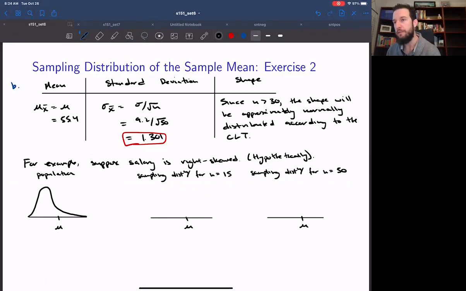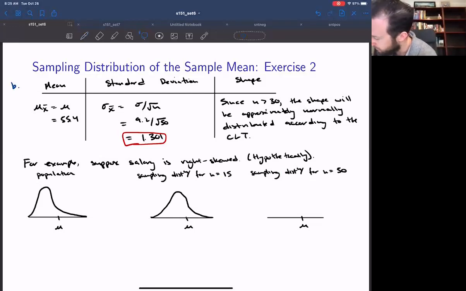When n is equal to 15, what's going to happen is it's going to move a little bit towards the symmetric shape, but it's still going to be right skewed. So this one might look a little bit more like this, for example. So you can see that you still have this right skewness, but it's not as strong as it was in the original population. And then in the last case, I need to make sure my mean is in the middle here.